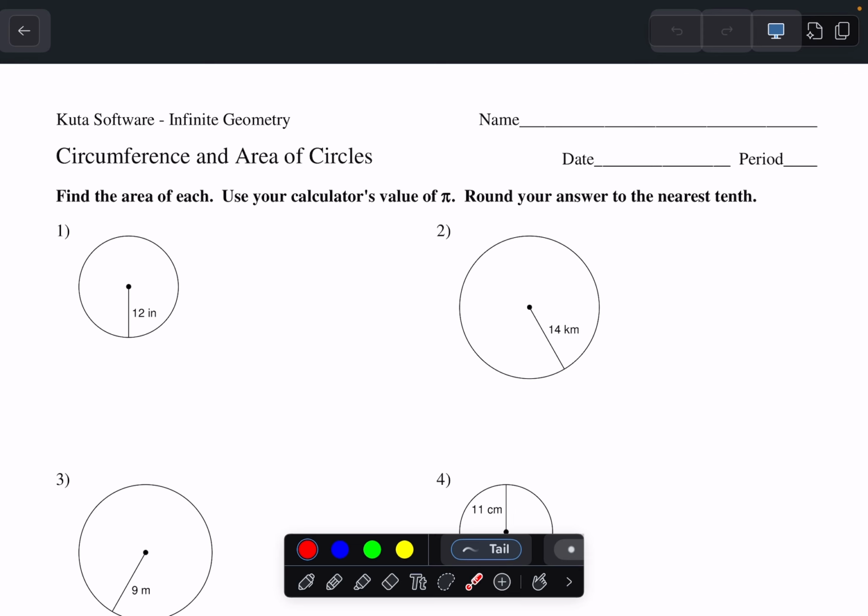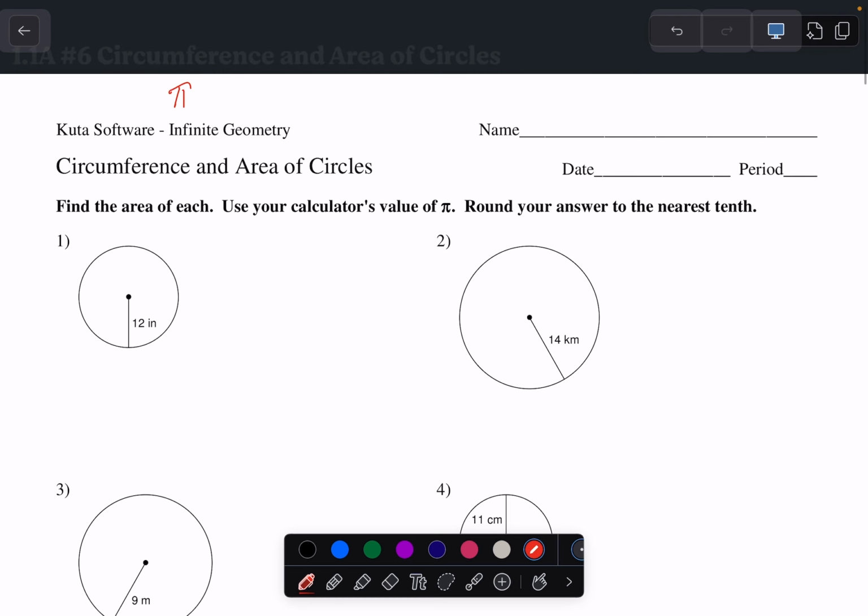The pi button is along that leftmost column on the red calculators. The calculator is going to be much more accurate than what you can do by just using 3.14, okay? If you don't have access to a calculator that has that button on it, using 3.14 is okay.